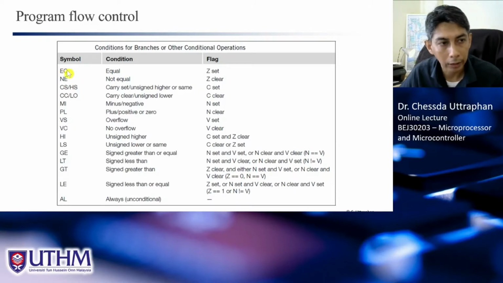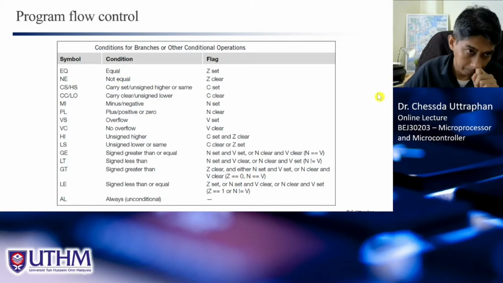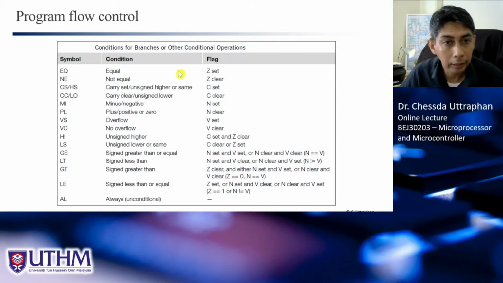If it is equal, we do the branch, or jump to the new location. The flag that this instruction checks is the Z flag. If equal, of course, the result is 0, so Z is set and we branch.